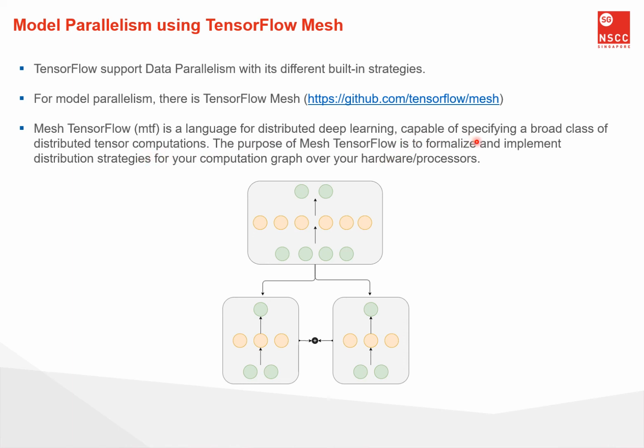And this is capable of specifying a broad class of distributed tensor computations, because now we have coordination between layers rather than just replicating or synchronizing the entire model. So it's definitely more complex, and we can't do it with normal mechanisms. We need this special Mesh TensorFlow language. The purpose of Mesh TensorFlow is to formalize and implement the distribution strategies for your computation graph over all your processors. As I said, it's a special language to define how you would implement the algorithm to synchronize the different layers together in the different nodes.